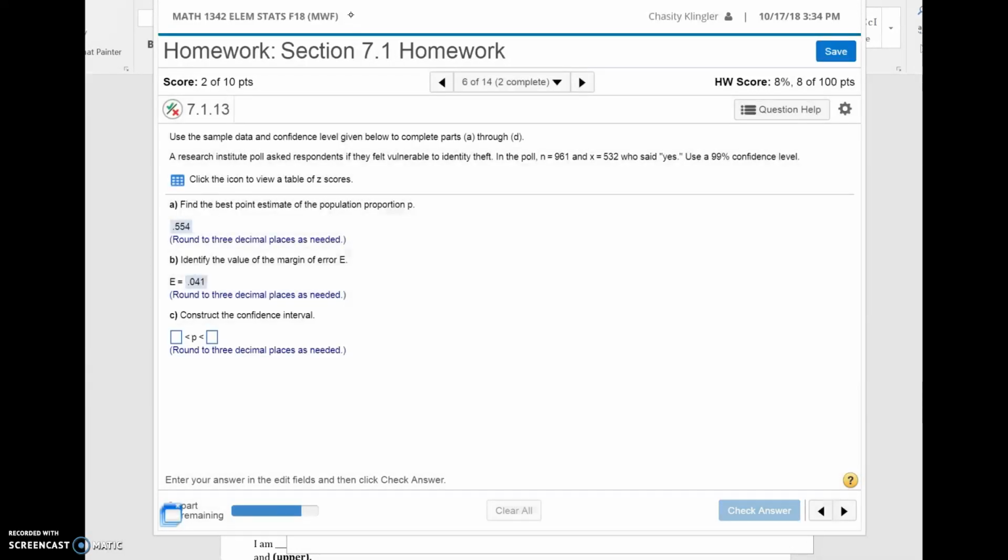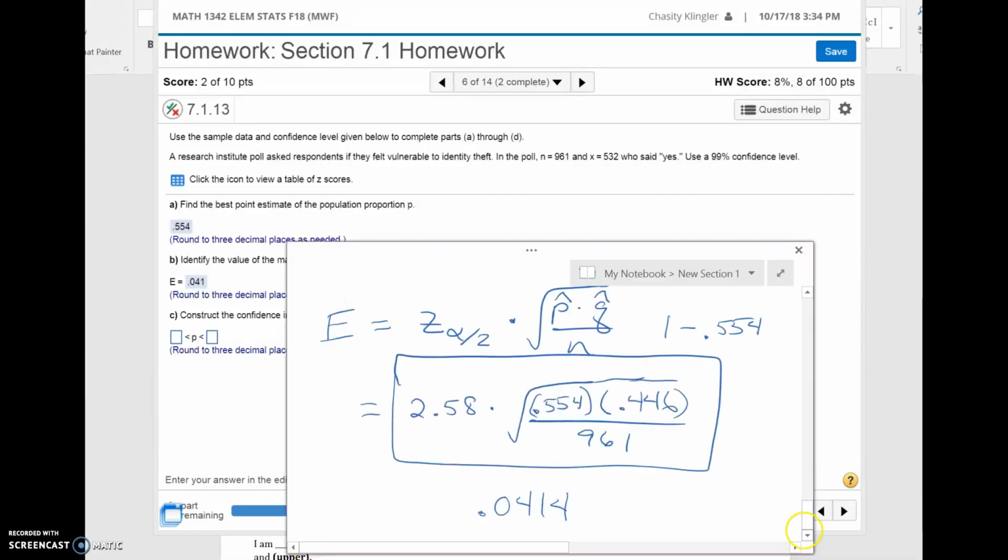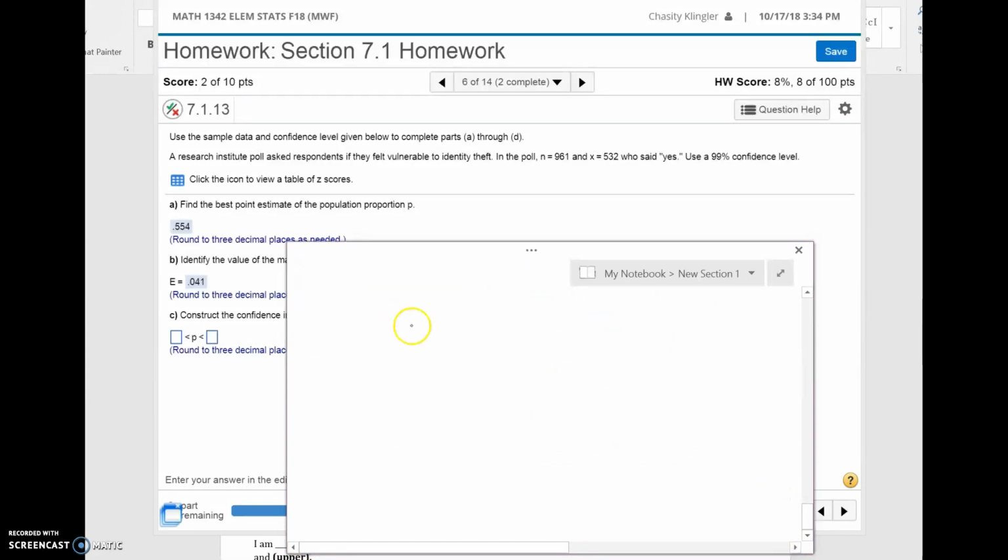Now from there, you can construct the confidence interval. The confidence interval is p hat plus or minus your error. When you subtract, that'll give you your lower bound.